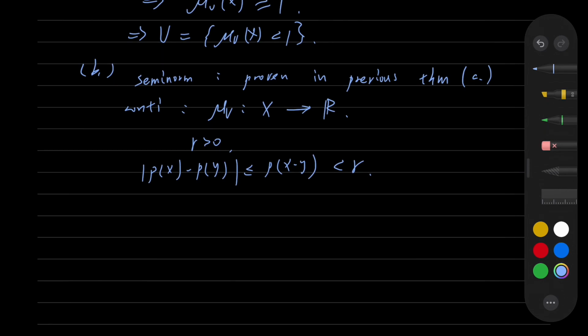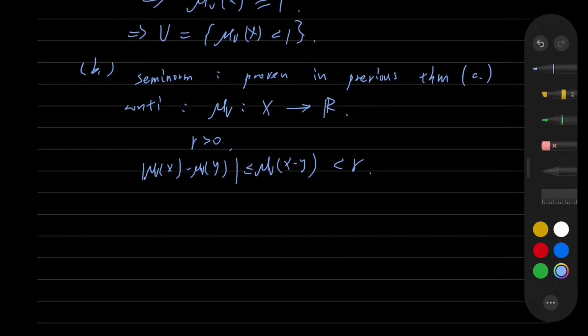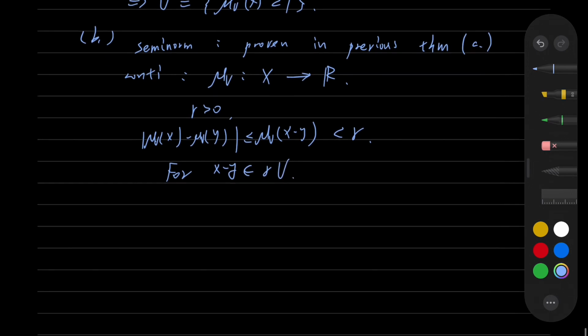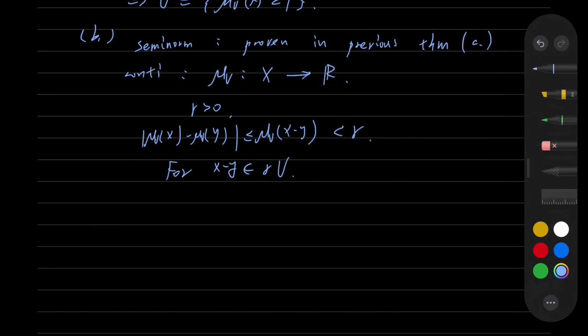Then, by the definition of the Minkowski functional, oh, this should not be the seminorm, this should be the Minkowski functional. Well, they have the same property, so that doesn't matter, as it is a seminorm now. So we just choose x minus y inside r times the neighborhood of V, then we're done. So the continuity is trivial.